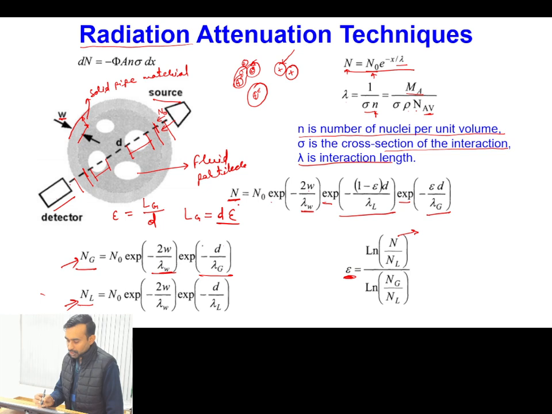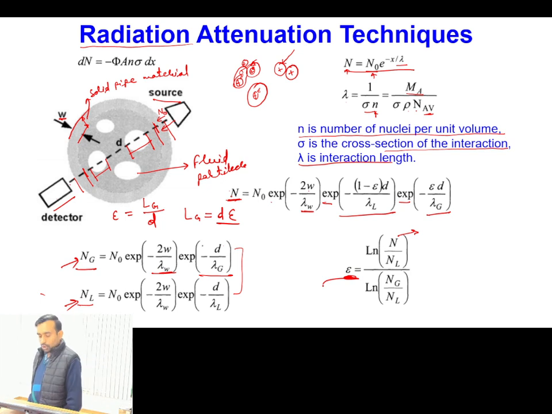So if you do algebraic manipulation of these three equations, you will get that epsilon is equal to natural log of n by nl divided by log of ng by nl, where n is an arbitrary signal corresponding to any given void fraction epsilon. Is this point clear?